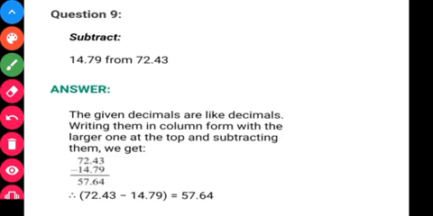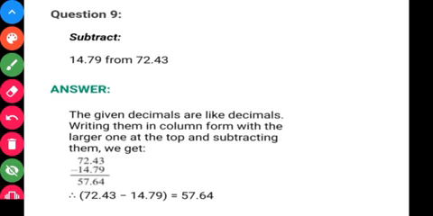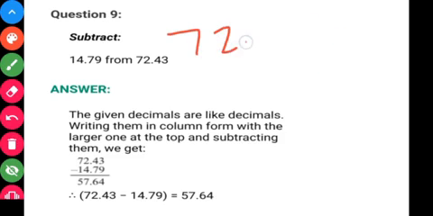Now question number 9 is given: subtract 14.79 from 72.43. So we subtract 14.79 from this, meaning 72.43 minus 14.79.